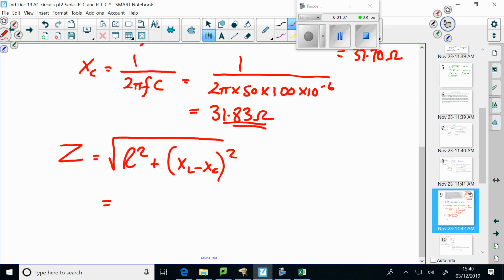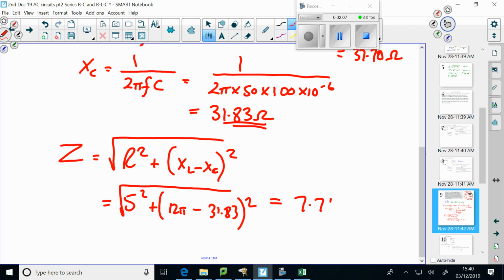R is 5 ohms. XL is 12 pi. XC is 31.83. All that squared. That gives 7.71 ohms.